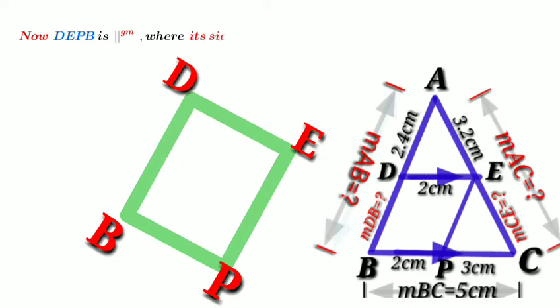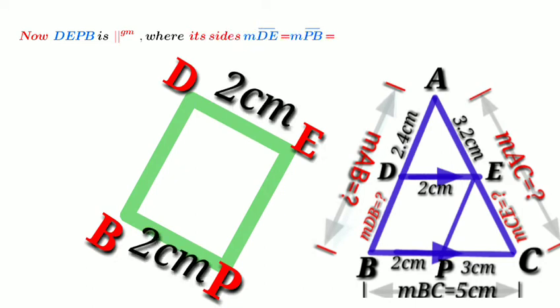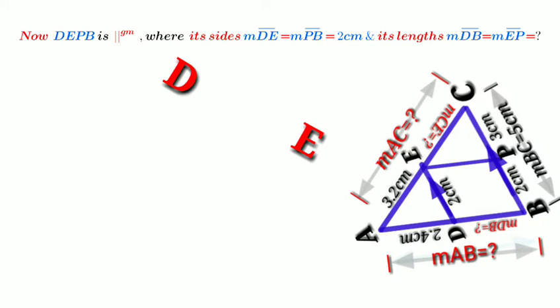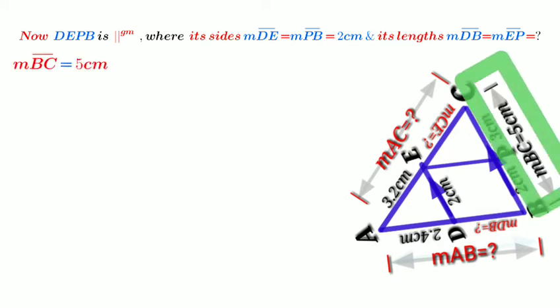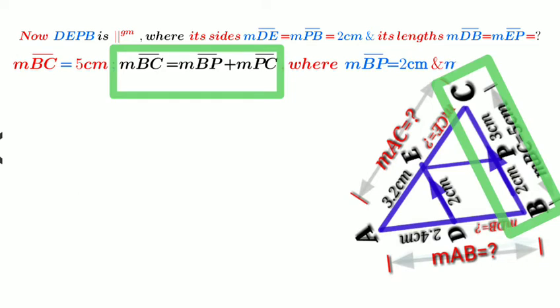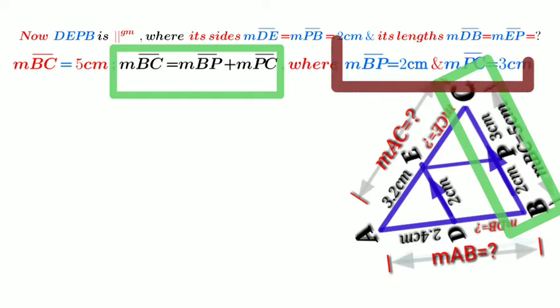So we make a parallelogram DPBE, where side DE is equal to PB is equal to 2 centimeter and its length DB is equal to EP. When side BC is equal to 5 centimeter, then its equation becomes BC is equal to BP plus PC, where BP is equal to 2 centimeter and PC is equal to 3 centimeter.